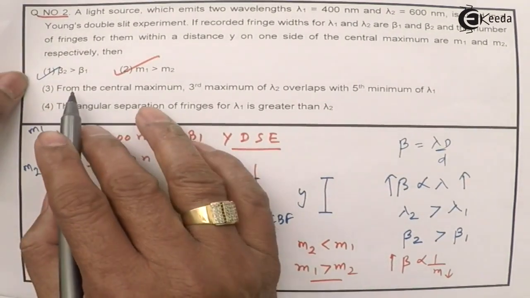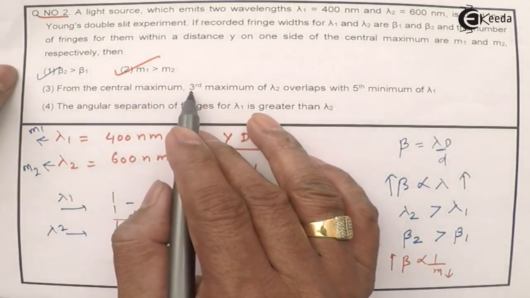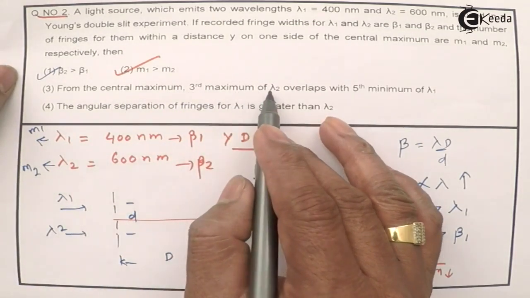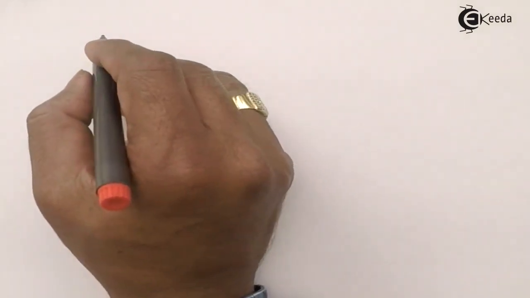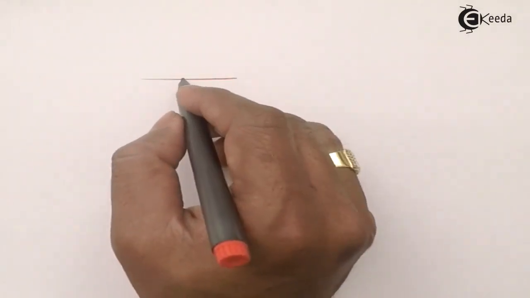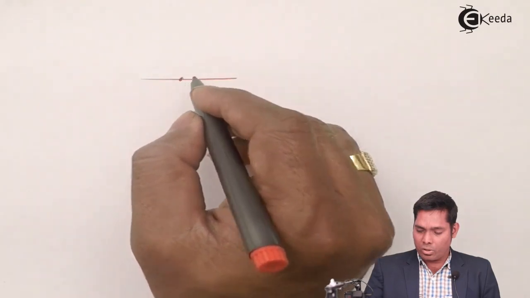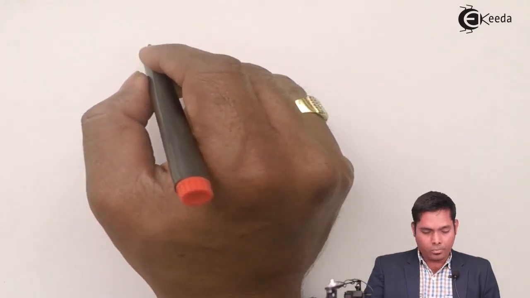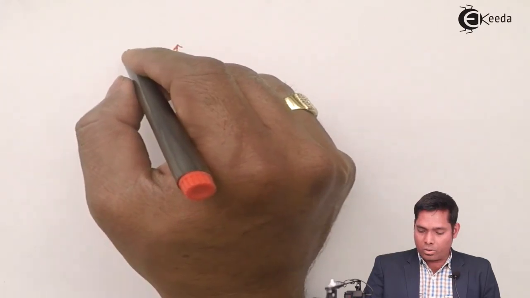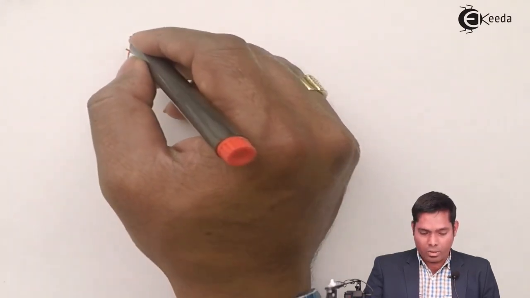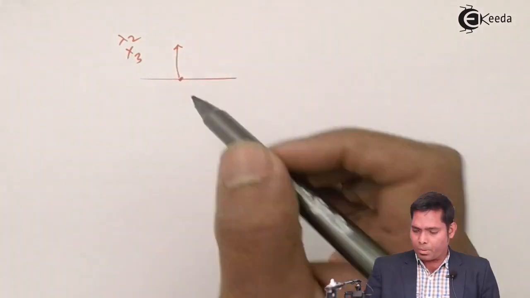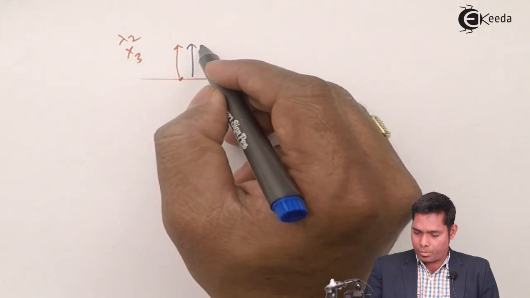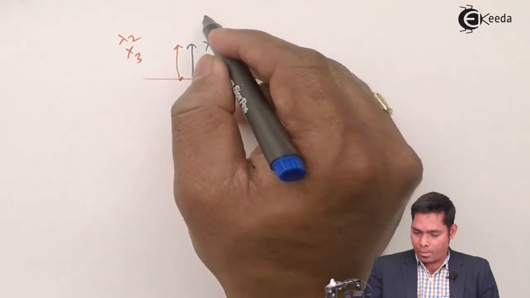Third is from the central maximum, the third maximum of lambda 2 overlaps with the fifth minimum of lambda 1. So what it is asking is, from the central bright fringe, whether the third maxima for lambda 2 overlaps with the fifth minima of lambda 1.